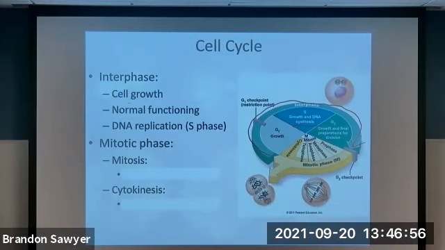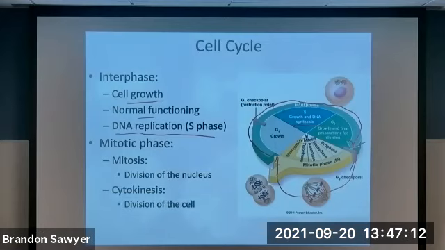This is where most of the cell growth is happening, normal functioning, and then the S phase for DNA replication. Then we've got the mitotic phase, which includes when the cell divides. Mitosis is really division of the nucleus, whereas cytokinesis, right at the end of the mitotic phase, is the division of the whole cell itself.